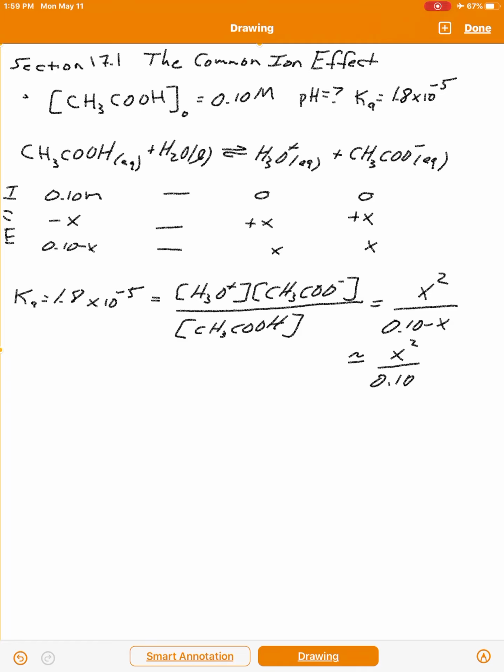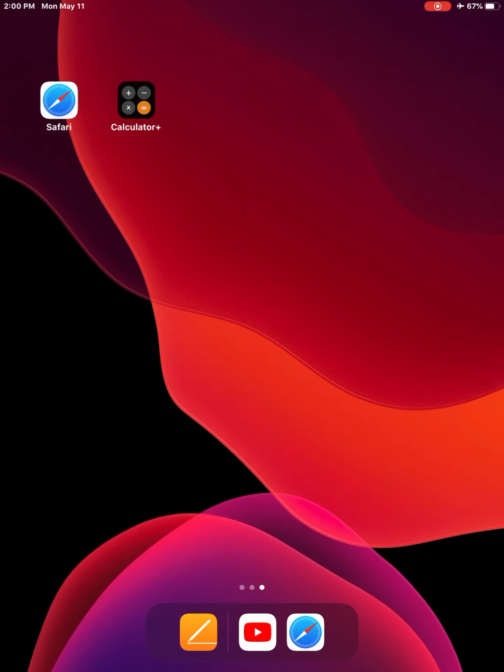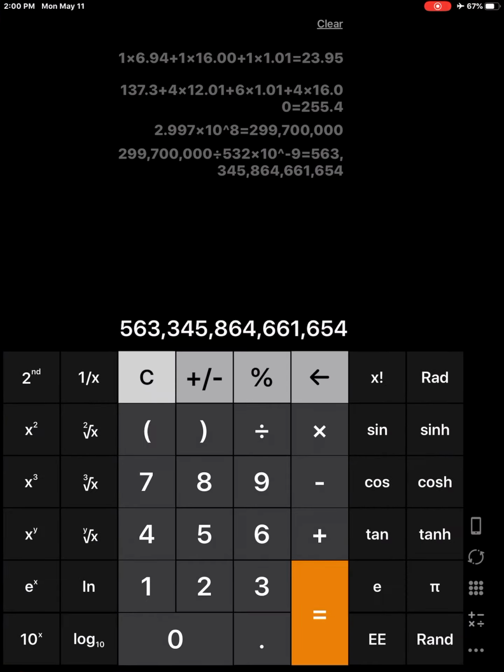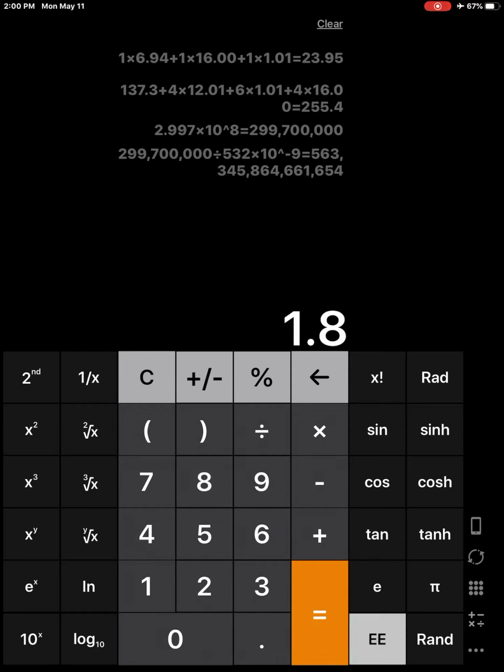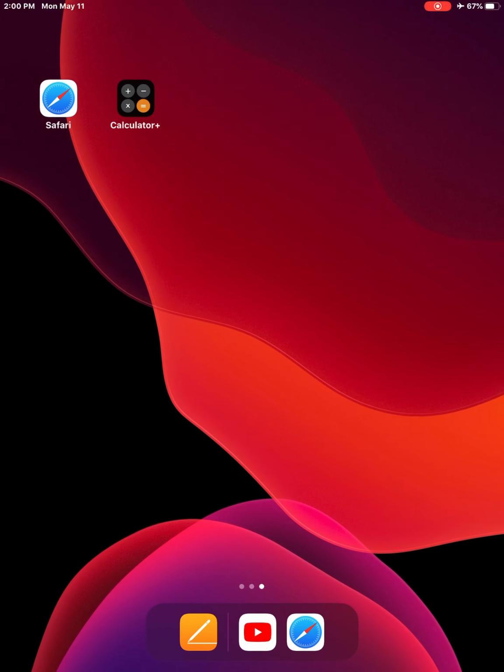Nothing new here. That's equal to 1.8 times 10 to the minus 5. If we solve for X, X squared is 0.10 times 1.8 times 10 to the minus 5, which is 1.8 times 10 to the minus 6. So we take the square root of that. It looks like it's 1.34, about 1.3 times 10 to the minus 3.